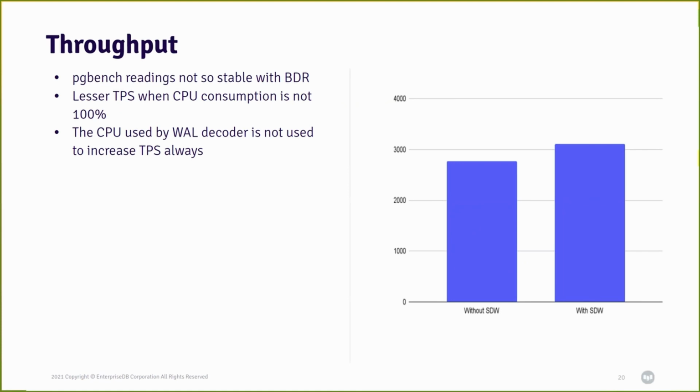Second thing is also that the CPU that is saved using WAL decoder does not always get used for increasing TPS. It sometimes is used by WAL senders to keep up with the replication lag. So we are still looking into stabilizing these benchmarking results. But yeah, we have seen some improvement in the transaction throughput as well.